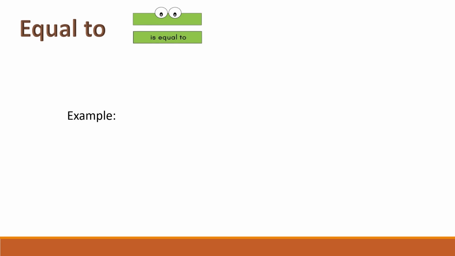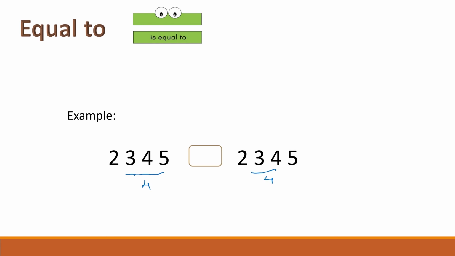For example, here I have taken two numbers, 2345 and 2345. See children, here on both the sides we have the 4-digit number and all the digits are the same on both the sides. So we have to keep the equal to symbol. If both the numbers are the same, then we use this equal to symbol.